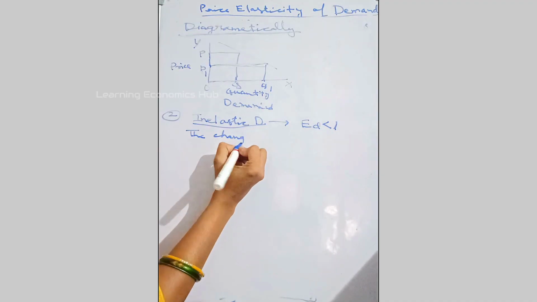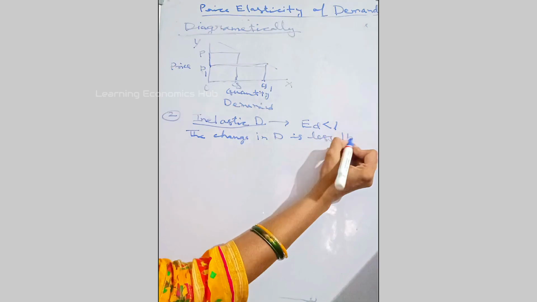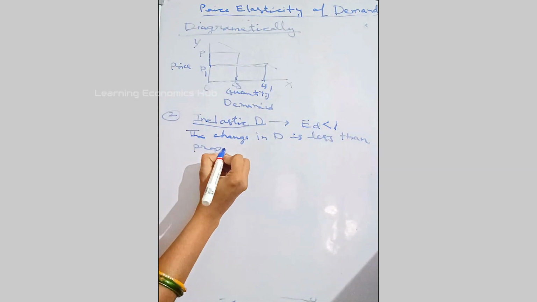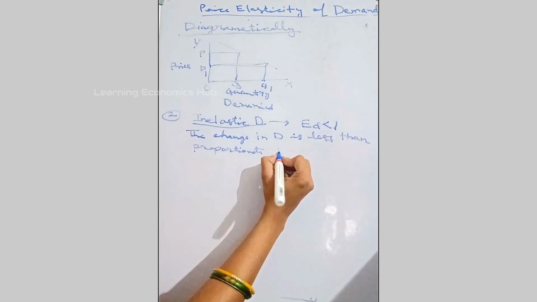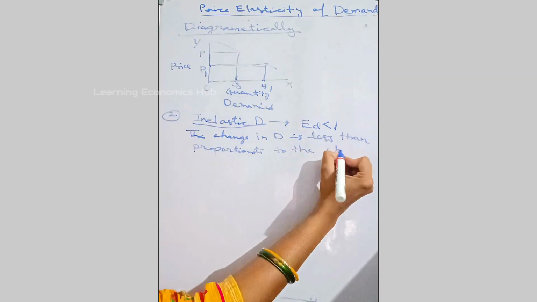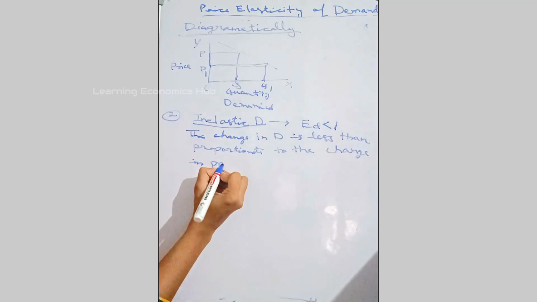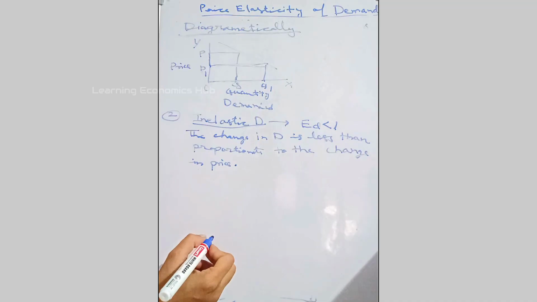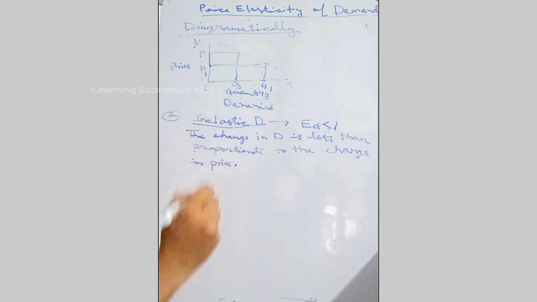The change in demand is less than proportionate to the change in price. Price elasticity of demand is less than unity. This is called inelastic demand.